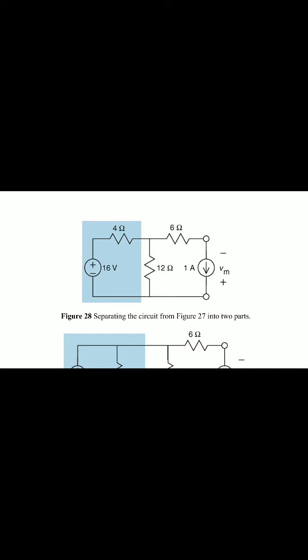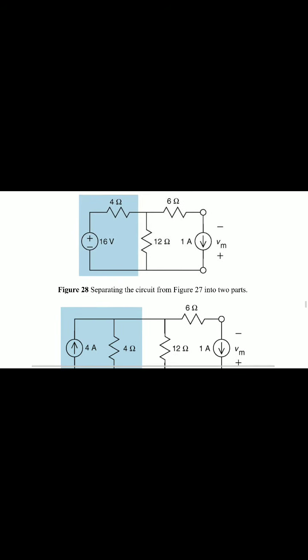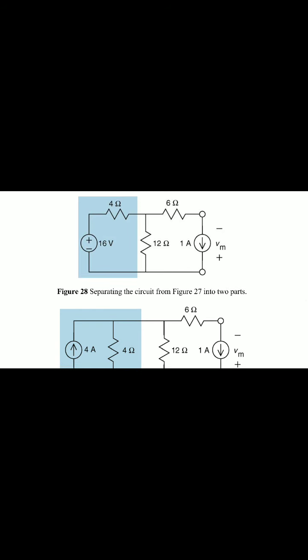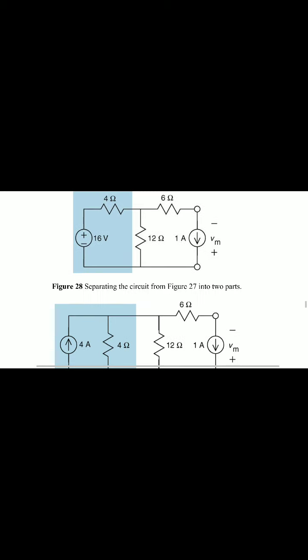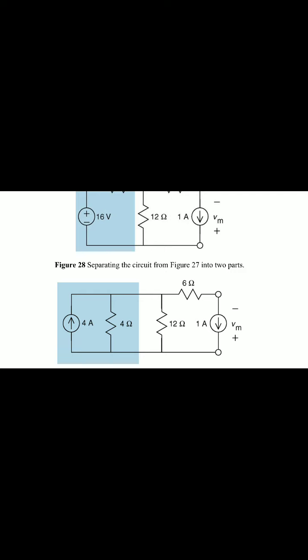That is in parallel with 4 ohms. Here see, 4 amps in parallel with 4 ohms. Figure 28 separating the circuit from figure 27 into two parts, that is 4 amps and 4 ohms.